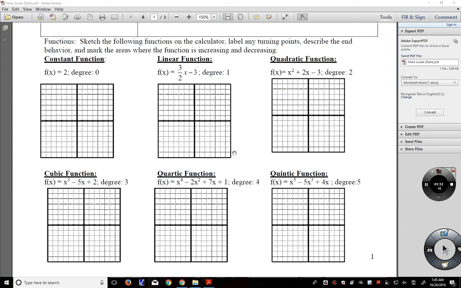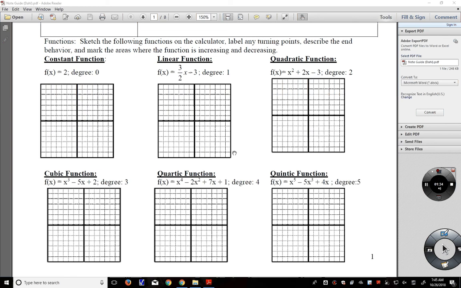Not necessarily a variable. That one could still say 2x and still be a monomial. Good. So this one only has one term, where the other expressions that we've set equal to f of x have multiple terms, okay? So the first one, if it didn't say f of x equals, would be a monomial.